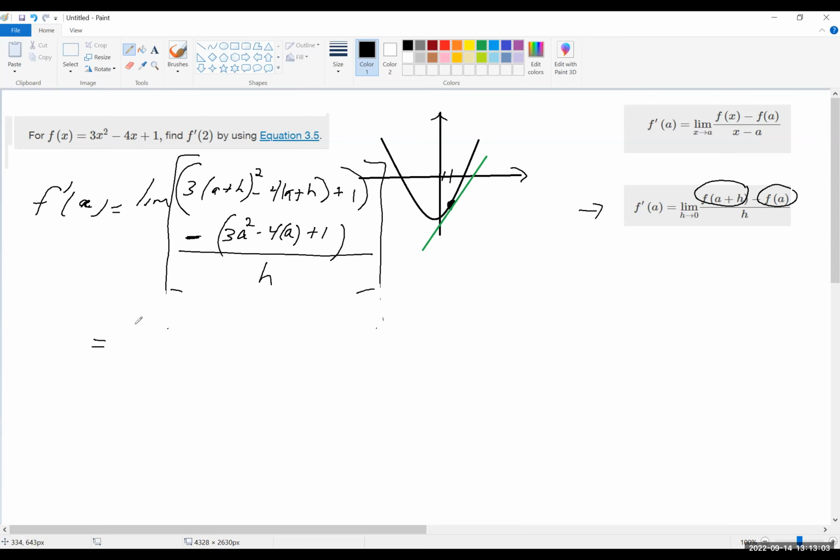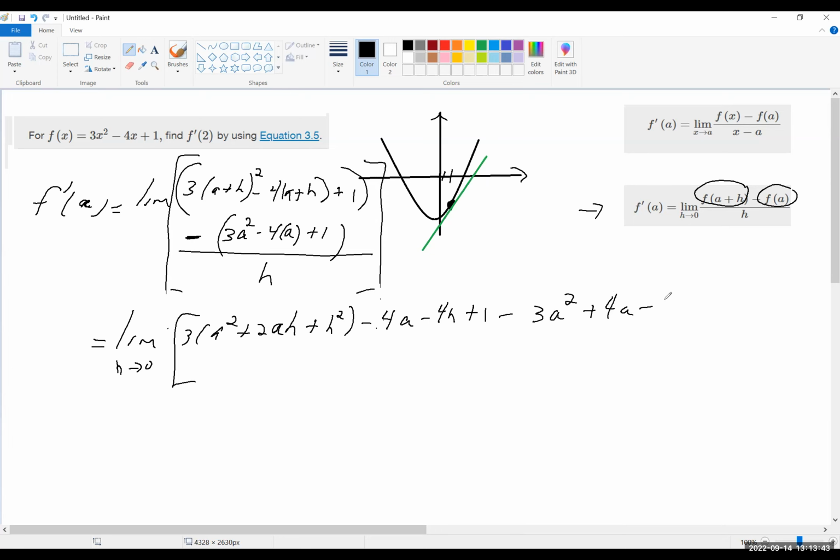Okay, so I need to simplify the numerator. That's going to be the limit as h goes to 0 of 3 times a squared plus 2ah plus h squared, minus 4a minus 4h plus 1, minus 3a squared plus 4a minus 1.